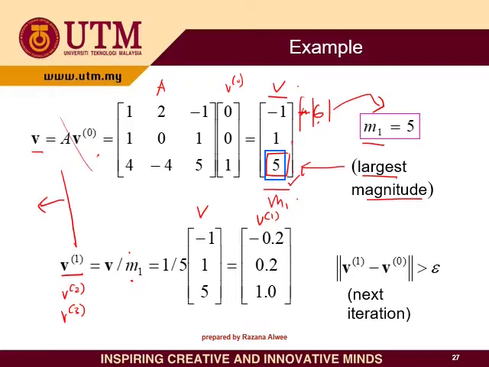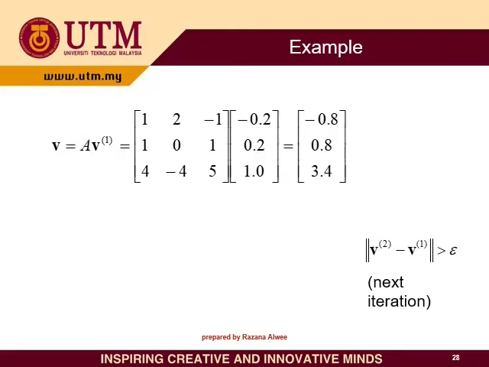Then we need to check the iteration. We have our v1 here, and we subtract our v0 from before, and see whether it is less than our error, which is 0.001. But this one is much bigger, so we need to do our next iteration, to find our v2.